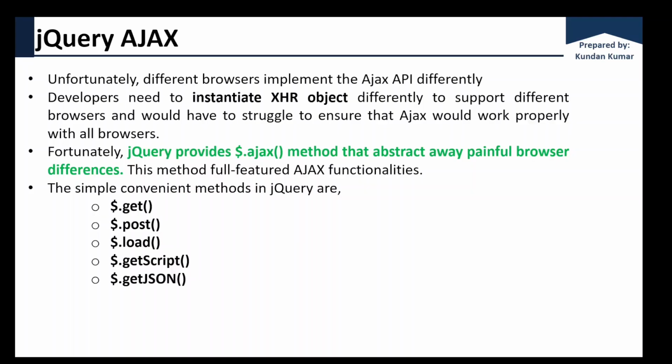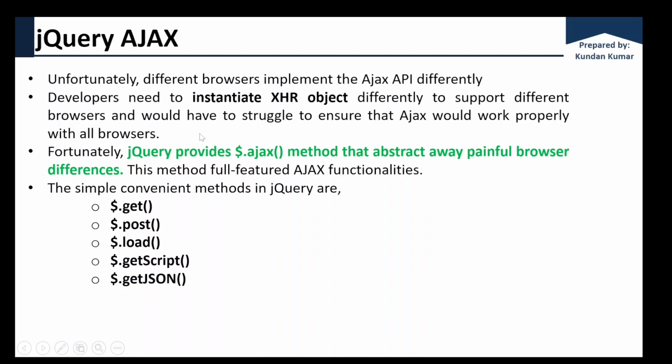What is jQuery AJAX? Before jQuery AJAX, unfortunately, different browsers implemented their own AJAX API differently. Developers needed to instantiate the XHR object, which is the XMLHttpRequest object, differently to support different browsers and would have to struggle to ensure that AJAX would work properly with all the browsers.